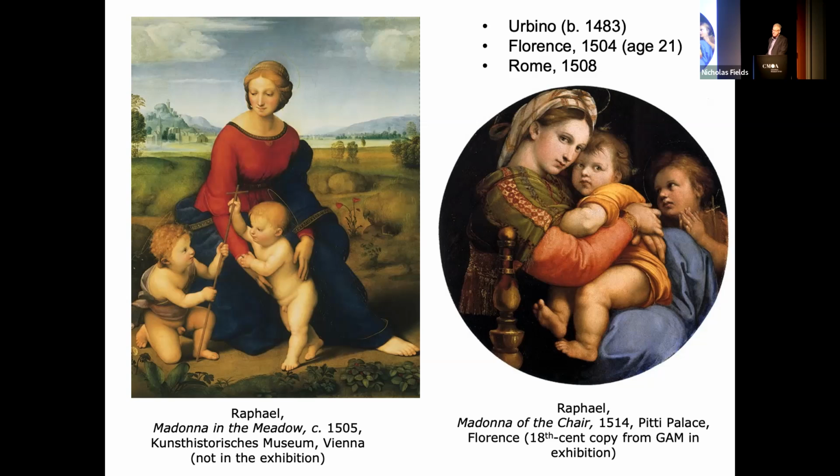This one, the very famous Madonna della Sedia, in a tondo, painted on a round surface, is in the exhibition by way of a painted copy that was done sometime, we believe, in the 18th century or sometime before the 1720s.